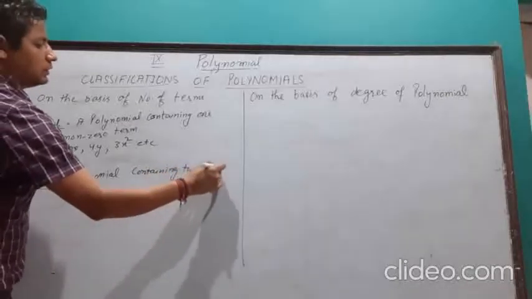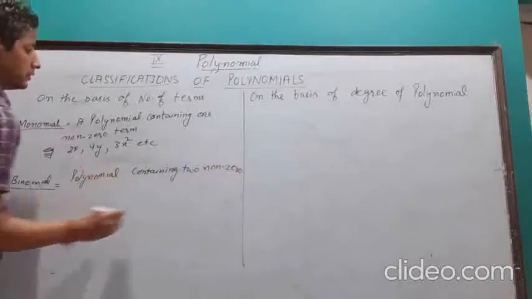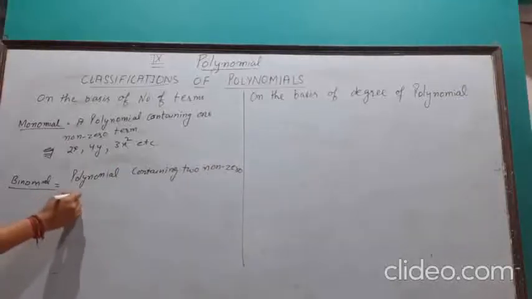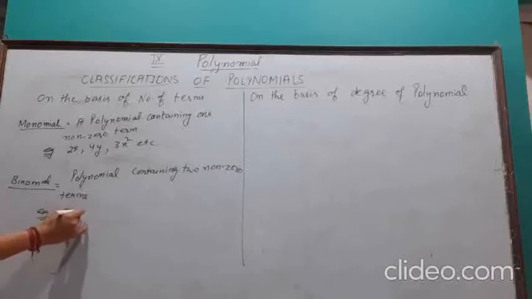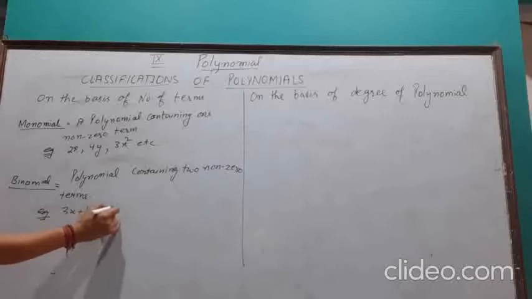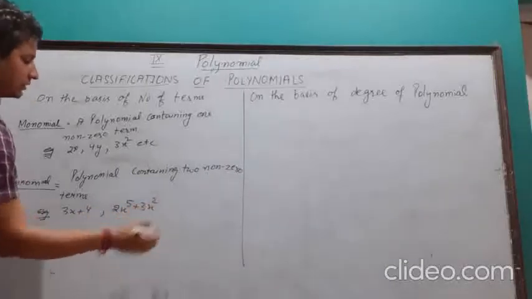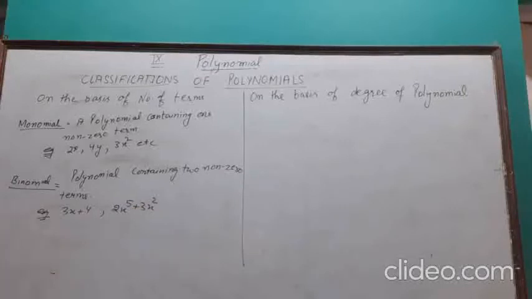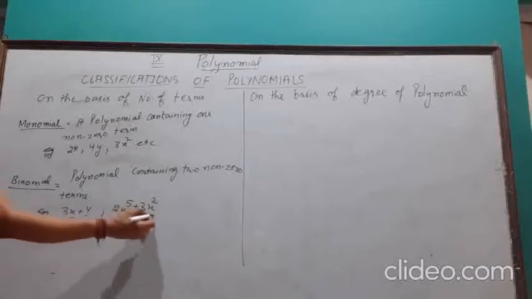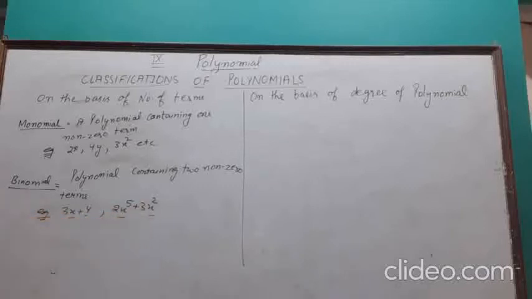Example: 3x plus 4 or 2x to the power 5 plus 3x square. These are the examples of binomials. They contain two terms: 3x and 4, 2x raised to power 5 and 3x square.